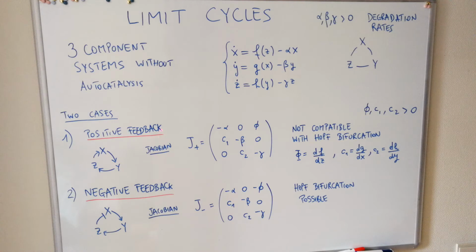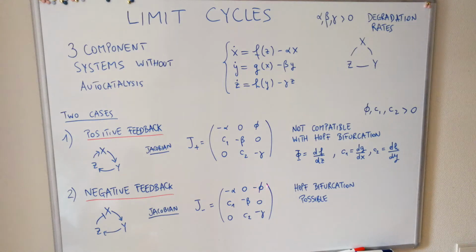All right. The case of the negative feedback loop that we are going to discuss also is this one: x, y, and z, activator, and then repressor. And this gives rise to the same matrix along the diagonal: minus alpha, minus beta, and minus gamma. For the off-diagonal terms, I will have a minus phi.